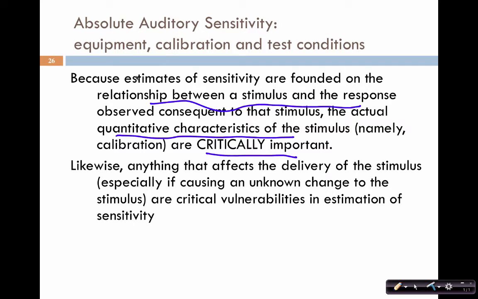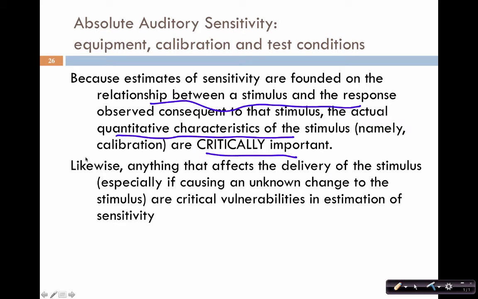And the fact that these are reliable and valid measures based on a quantifiable stimulus elevates this to something that is a very believable clinical discipline. That's a very important thing. And I know I keep saying it, but it is important.